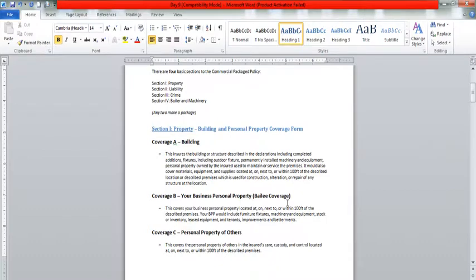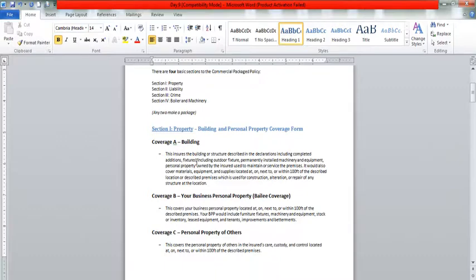Now, when you talk about property, obviously you think about items such as fences, furniture, and stuff like that. That is true. These are considered property. Now, the building coverage, Coverage A. There are different coverages in insurance, so keep in mind, as a broker, you should know which type of coverage your client wants.